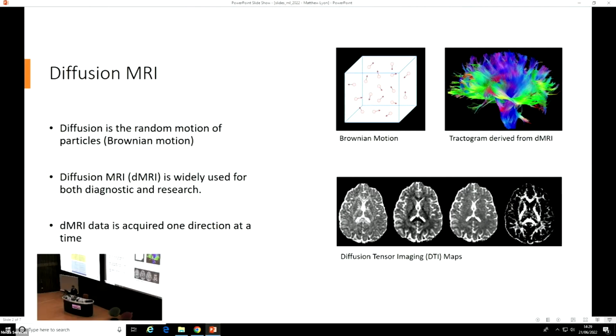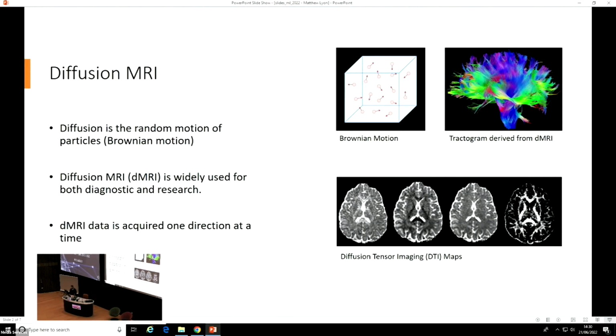Diffusion MRI, or DMRI, is a widely used imaging modality, particularly in neuroimaging, because white matter has specific diffusion characteristics, which can be modeled in a DMRI acquisition, and then that information can be used to diagnose different pathologies or to track disease progression.